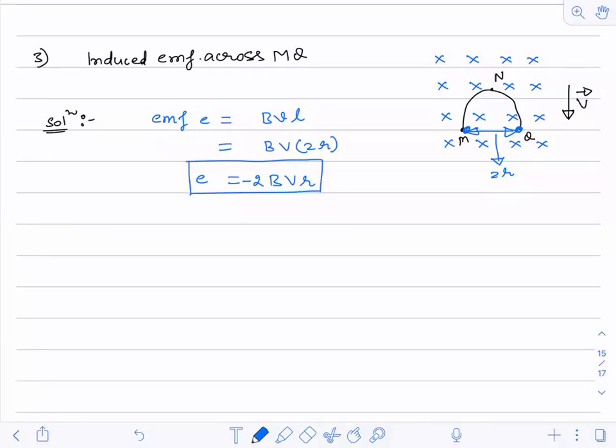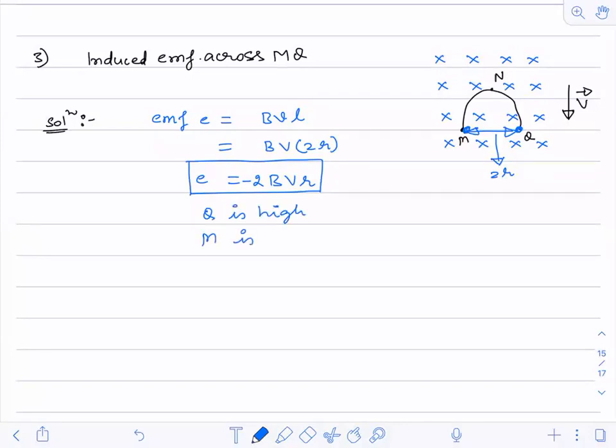Now, which end is positive, which end is negative, which end is higher potential, which end is lower potential? Yes, Q is high and M is low.